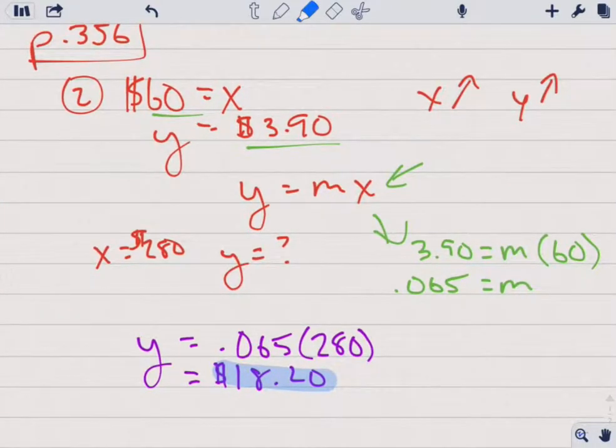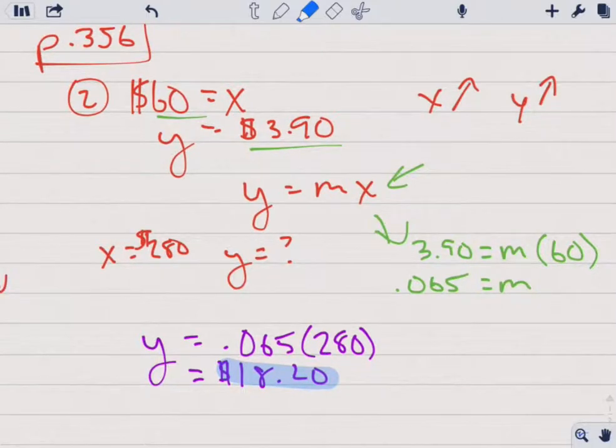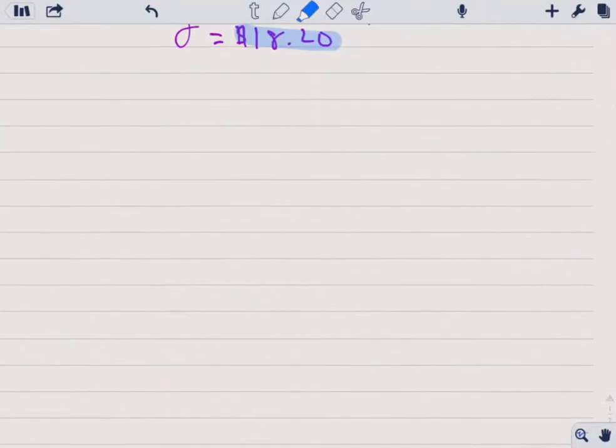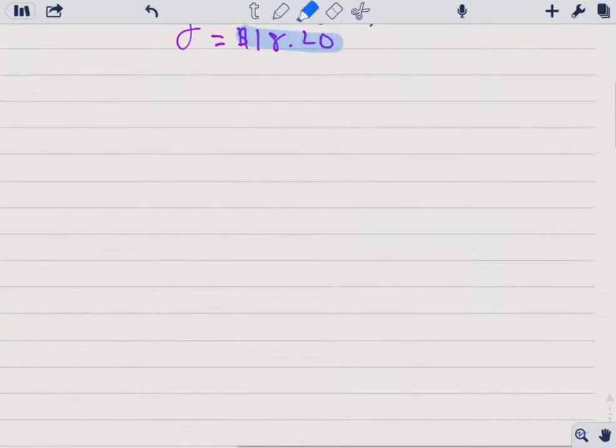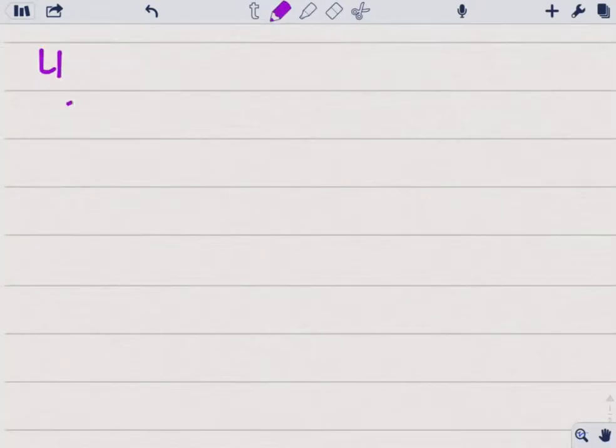All right, let's look at another example. This is number 4 on the same page. The acceleration of an object varies directly as the force acting on it. So we've got acceleration varies directly as the force.